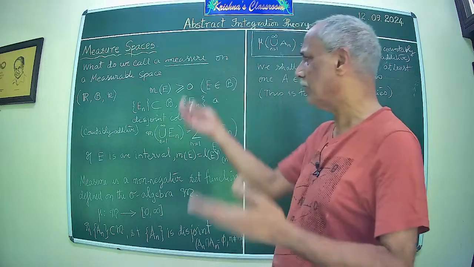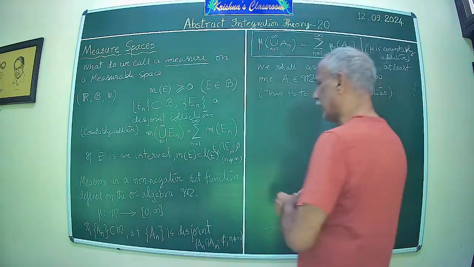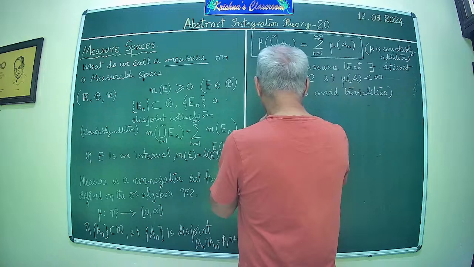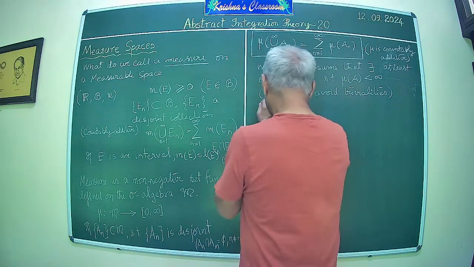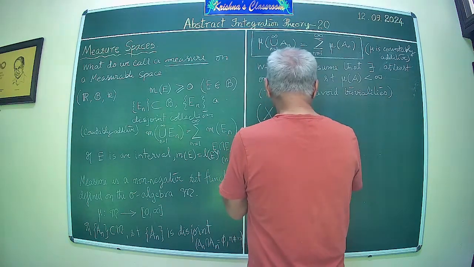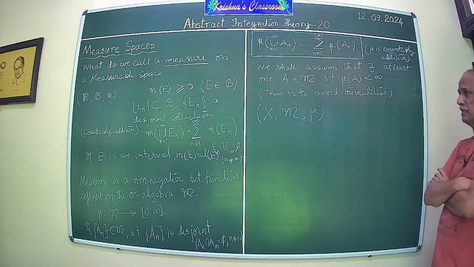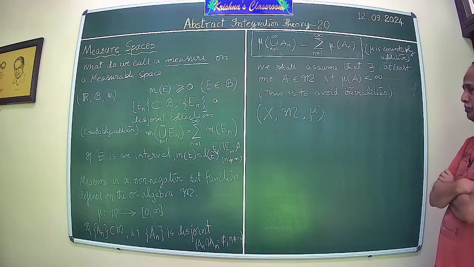So here what we have is we are starting with X with a sigma algebra on it. Then we introduce a function mu.